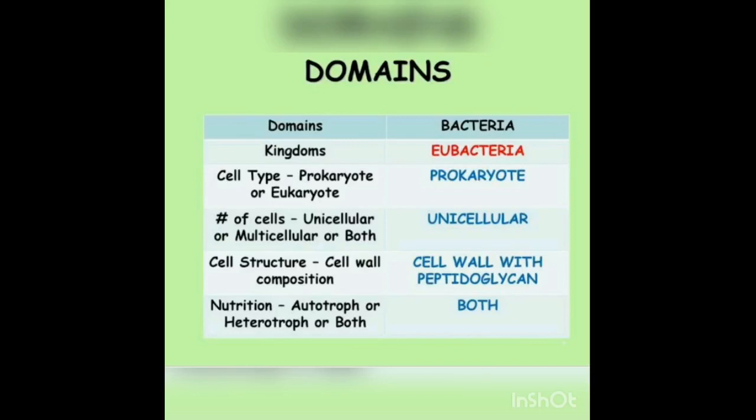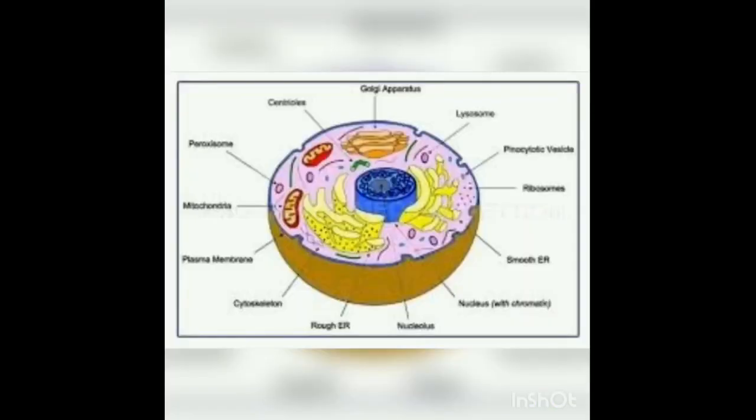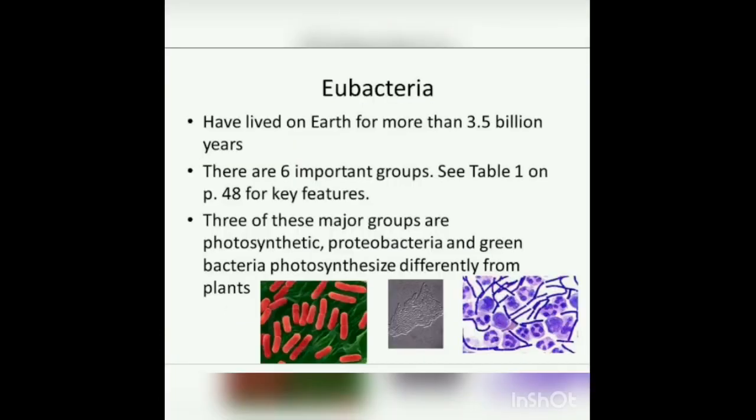Histone is nothing but a protein. They do not possess membrane-bound cell organelles except the ribosome, which is 70S type. Eukaryotes have many cell organelles in the cytoplasm, which include endoplasmic reticulum, mitochondria, Golgi apparatus. So this domain bacteria contains only ribosome of 70S type.